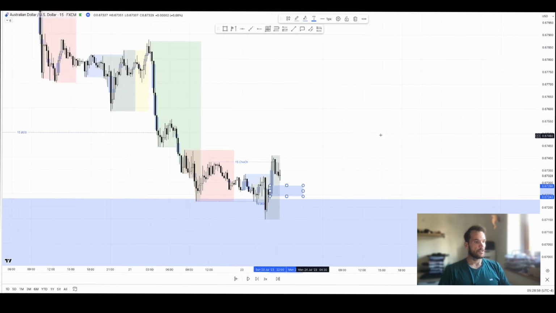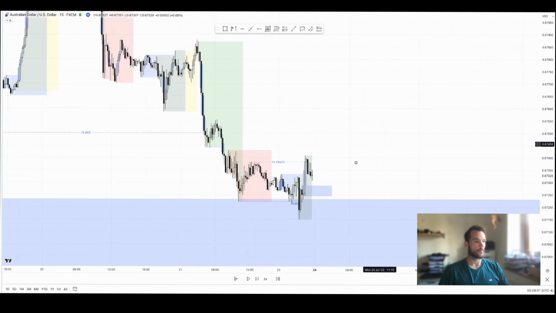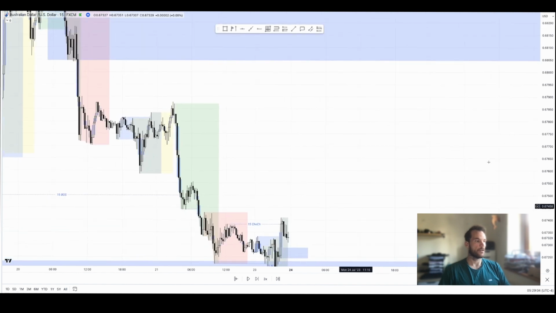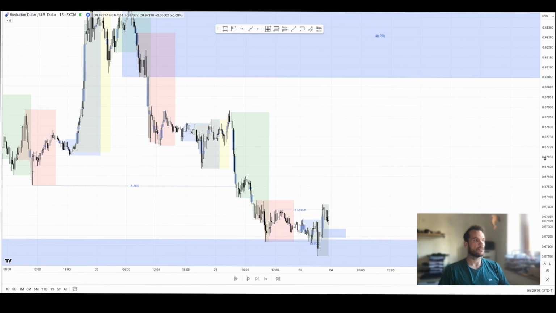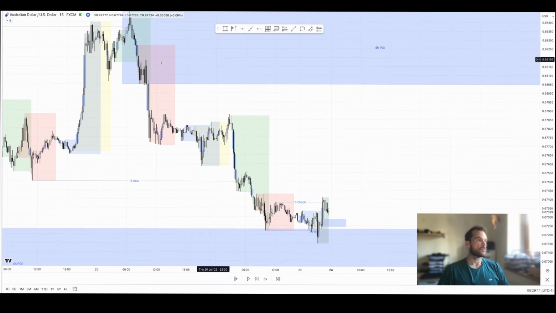Trying to have a look. If we're going to enter here, like I said, we have this 4-hour point of interest. We don't have to come back to it, but let me draw up my premium discount levels.